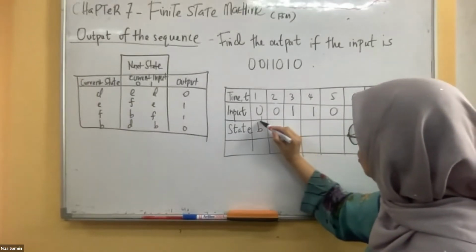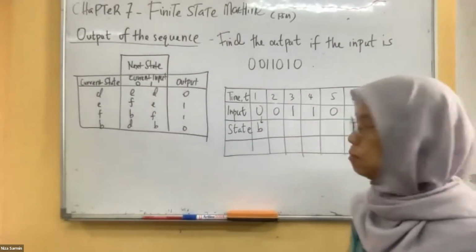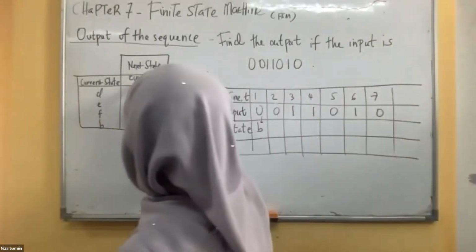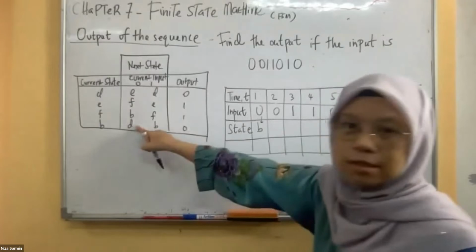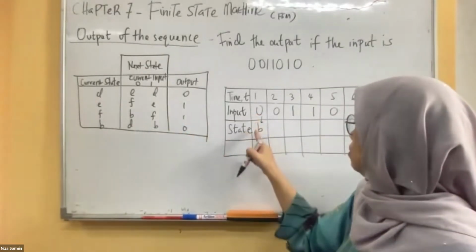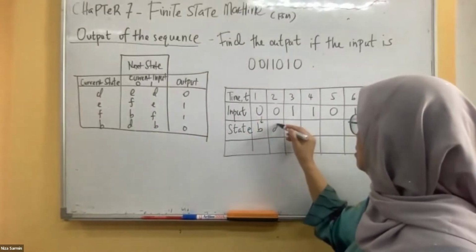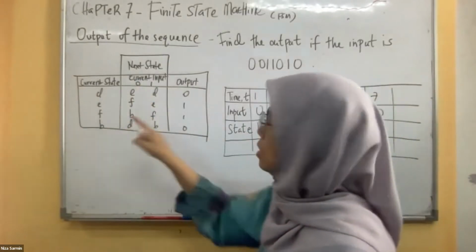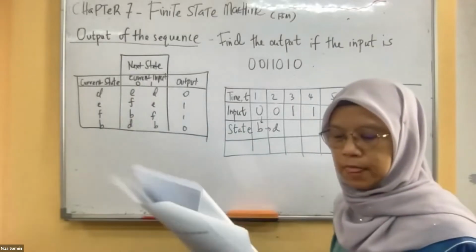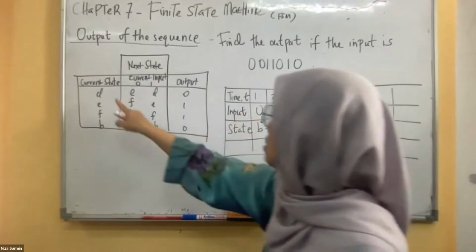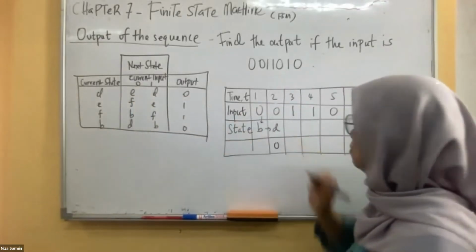You go to 0 and B. The input is 0 with the state B, then you get a D. And then D, the output is 0.